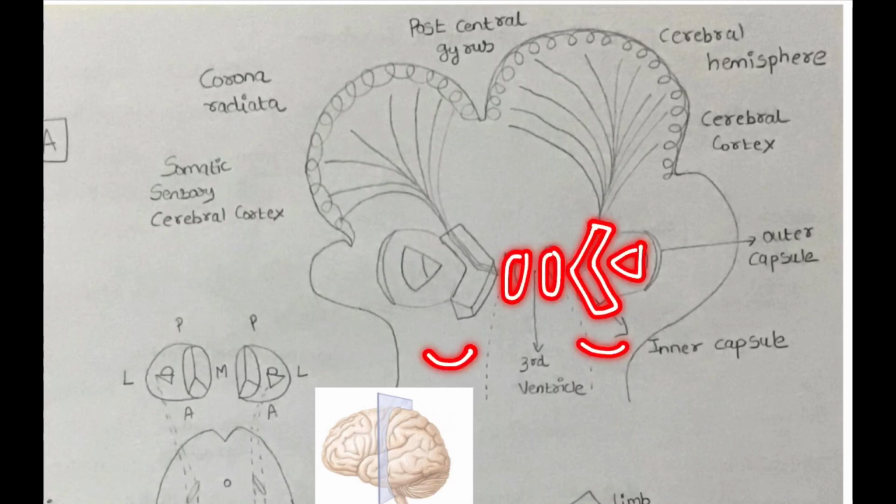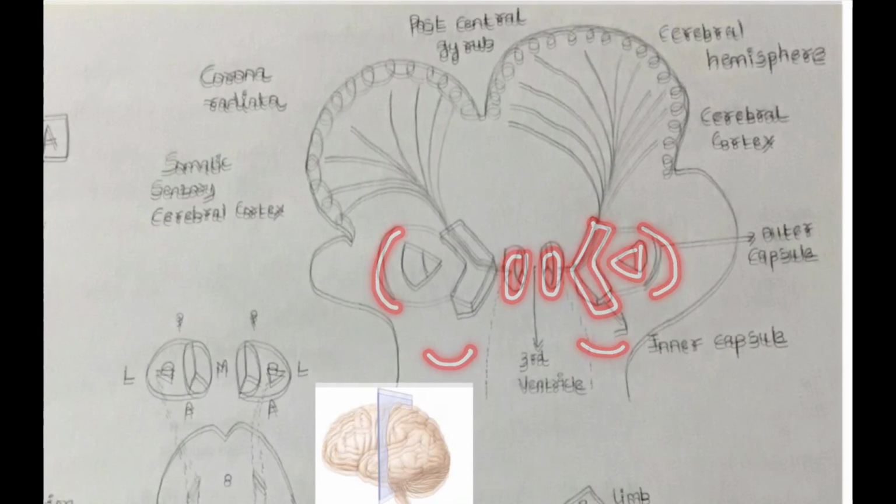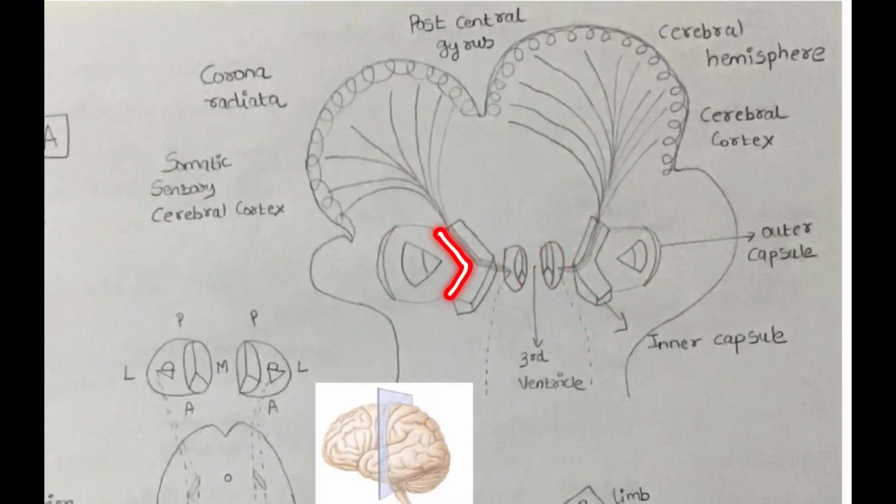If you have an internal capsule, there should be an external capsule, or outer capsule. So it is located here, the outer capsule. Basically, the internal capsule is a mass of white matter pressed together.